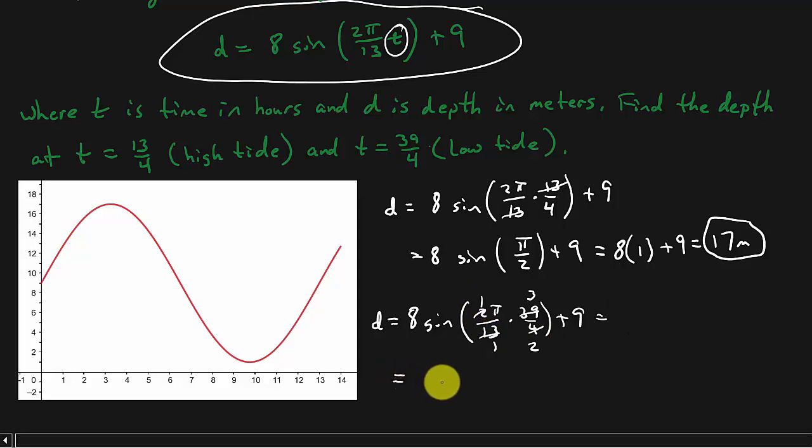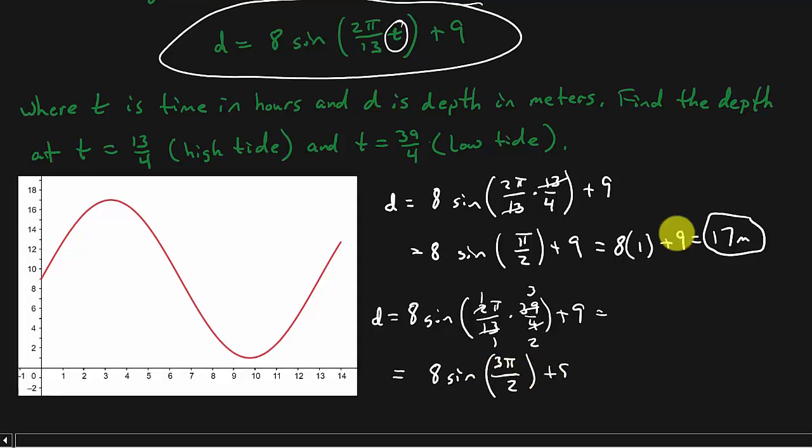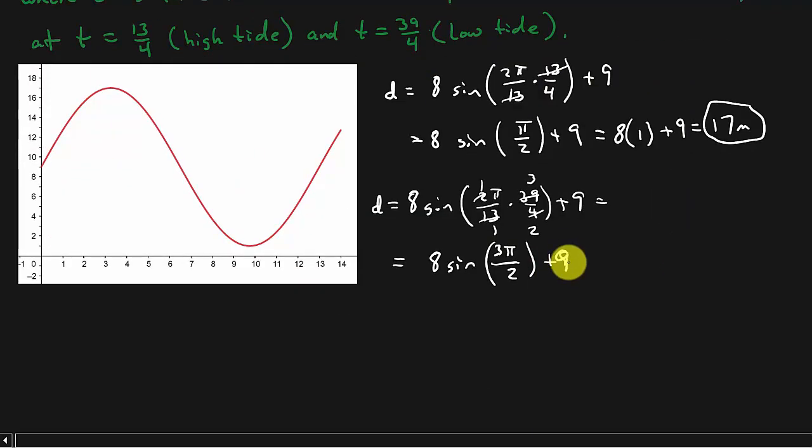So this is going to be 8 times the sine of 3 pi over 2 plus 9. That's a 3 in front of the pi. It doesn't look like it, so I'll rewrite it. I'll get comments on how bad my handwriting is. Plus 9.